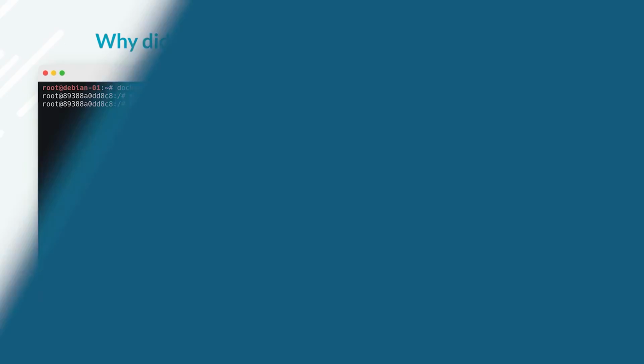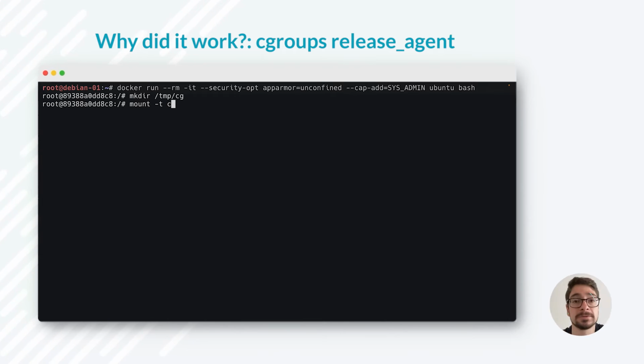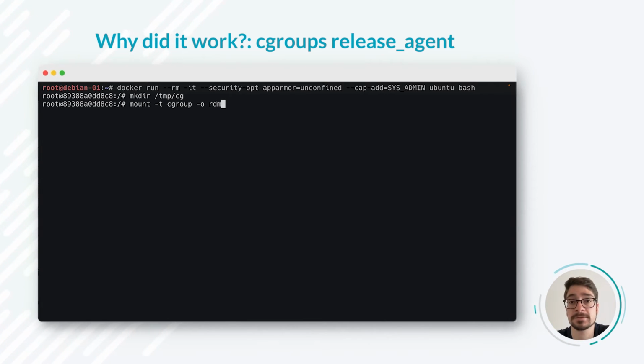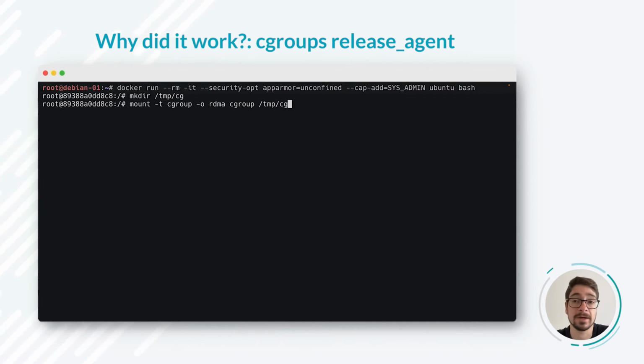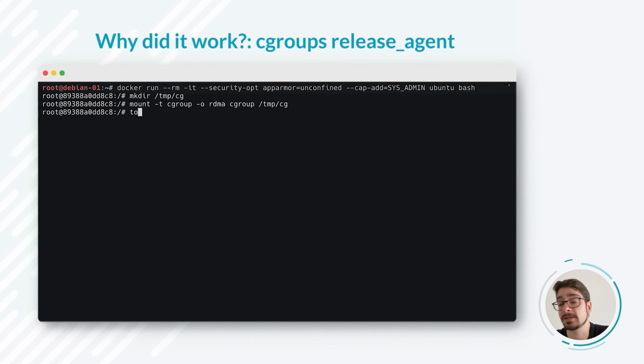So why did the release agent exploit work? It worked because we were able to mount the control groups hierarchy inside our container, and we were able to write inside that hierarchy to make a new sub control group. And that is because the container was running with these options, AppArmor profile unconfined, and we had the capability SYS_ADMIN.